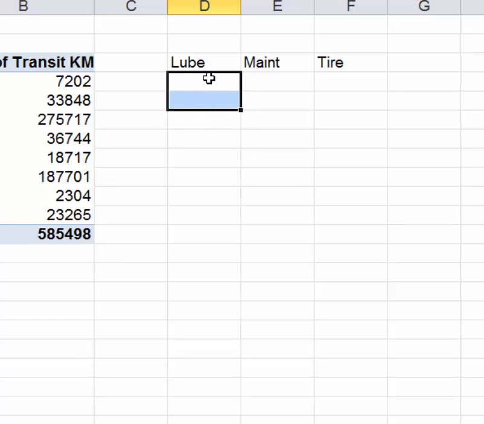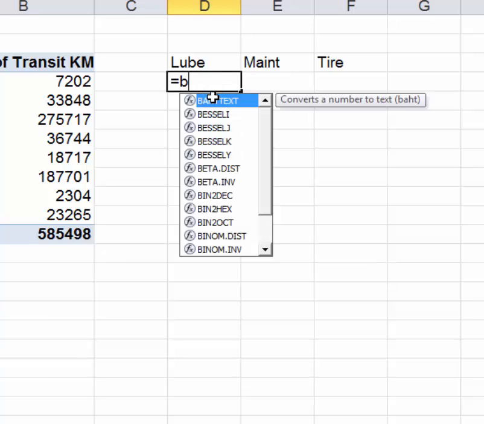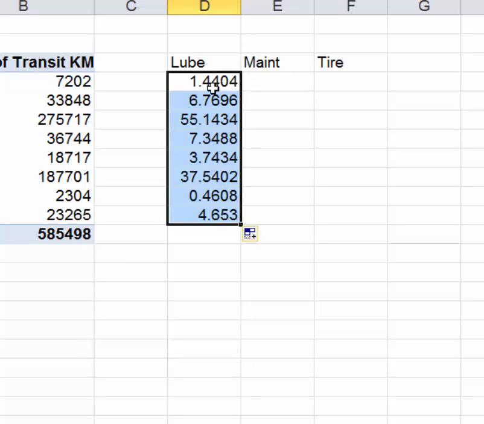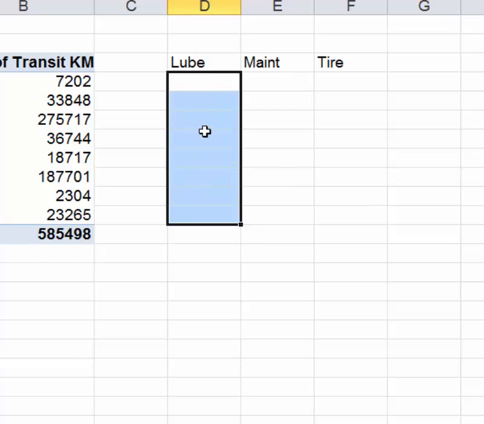So I'm going to show you, if you just take B4 and divide it by 5,000, that will give you the number that you require. Now here's the thing, you can't use 1.44 because you can't give 0.44 of an oil change. So you just want the whole numbers, like 1, 6, and 55. To do that, you might want to use the round up or round down function.